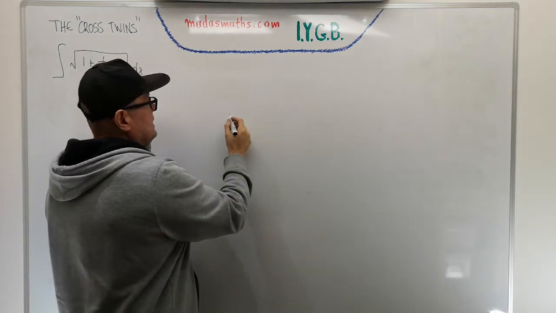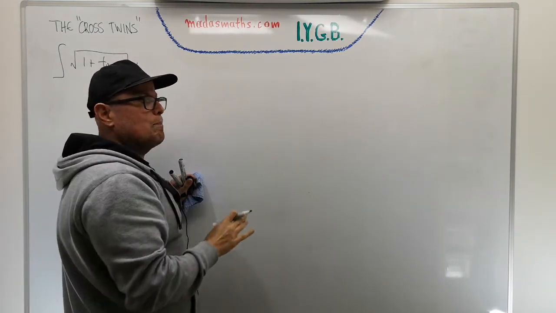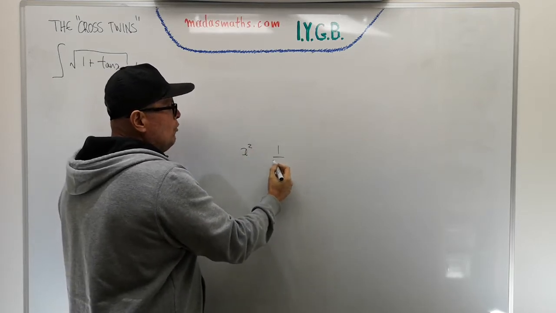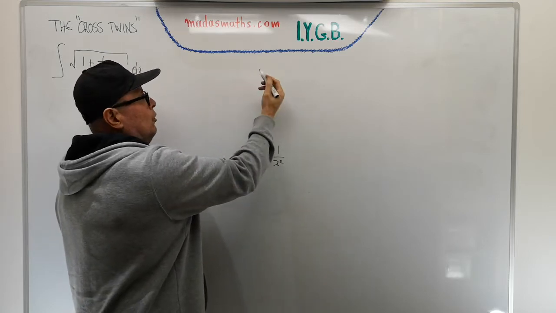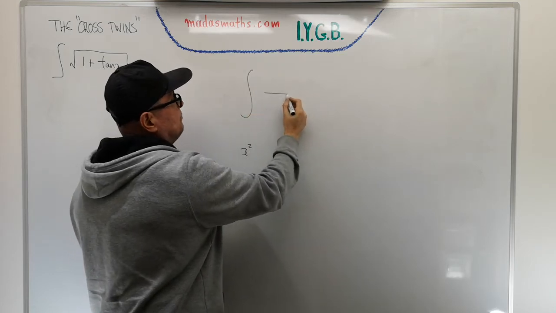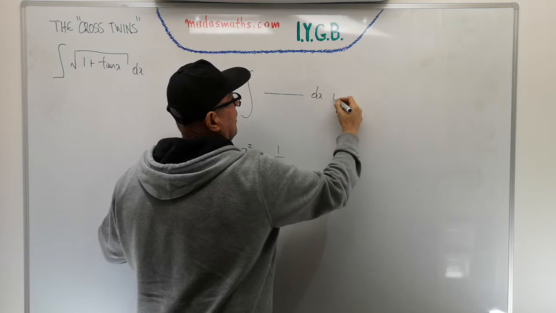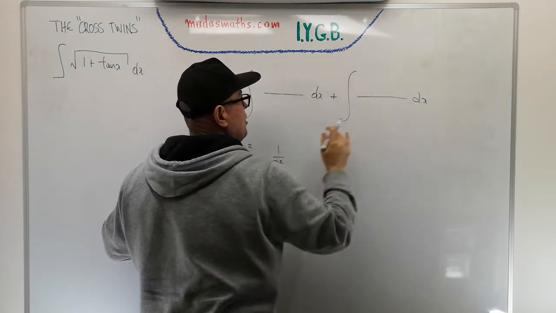It's basically a scenario that arises a lot of the time in integration, particularly when we're having things like x squared or 1 over x squared, usually on the denominator. We can actually set up two integrals. This is what the cross twins are, which look something like this. I'm going to write them as separate integrals, just to get the idea. And this is what they ought to look like.